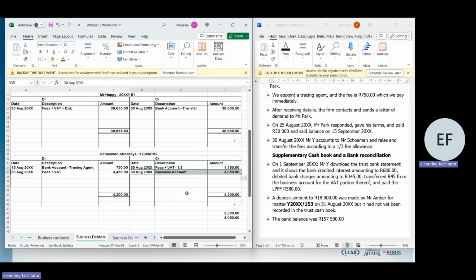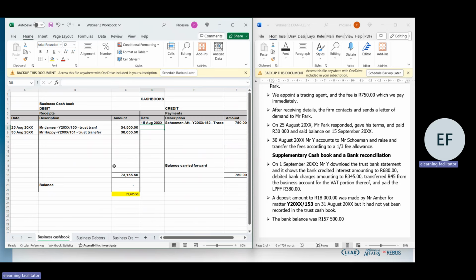So I will start by balancing off the correspondence account. And then this is what we are going to receive. So in our business cash book, we're doing the reverse. We are going to receive from Mr. Skuman's matter. So Skuman attorneys, it's our reference Y20XX152.